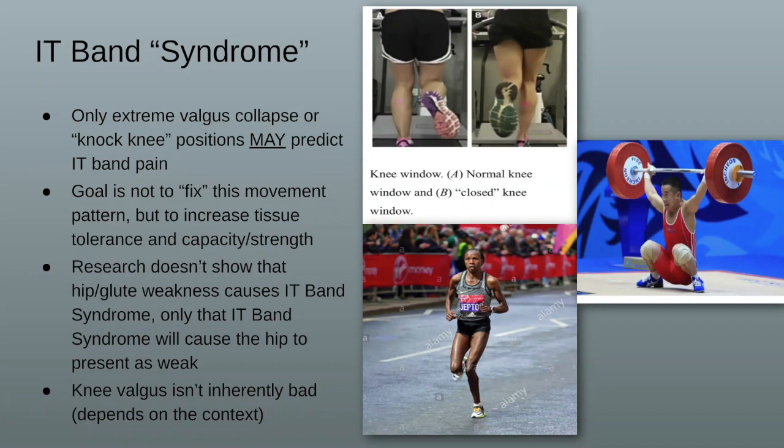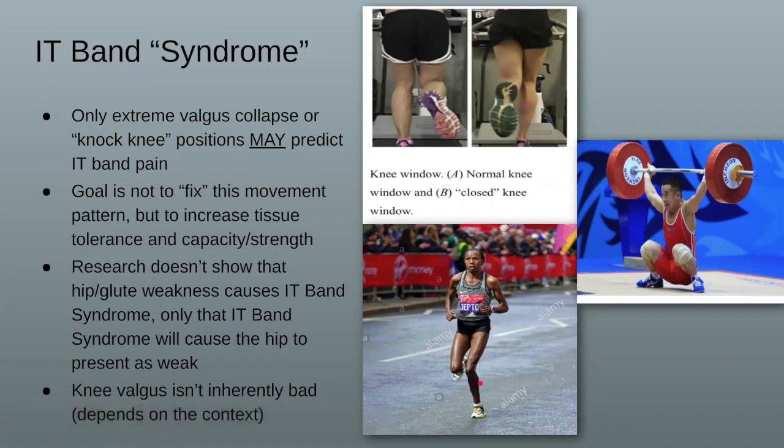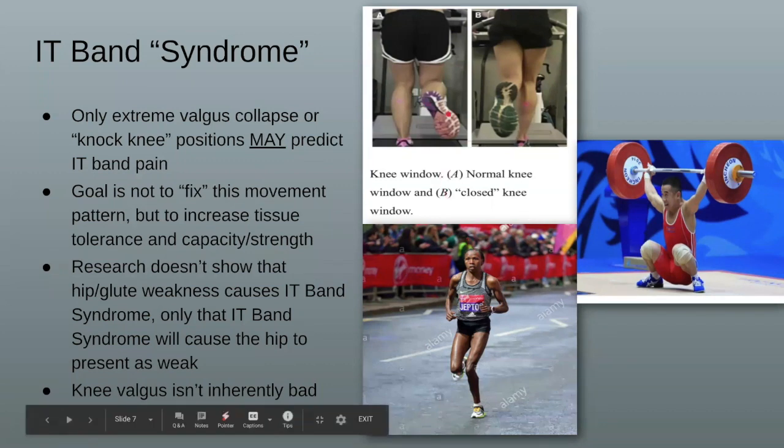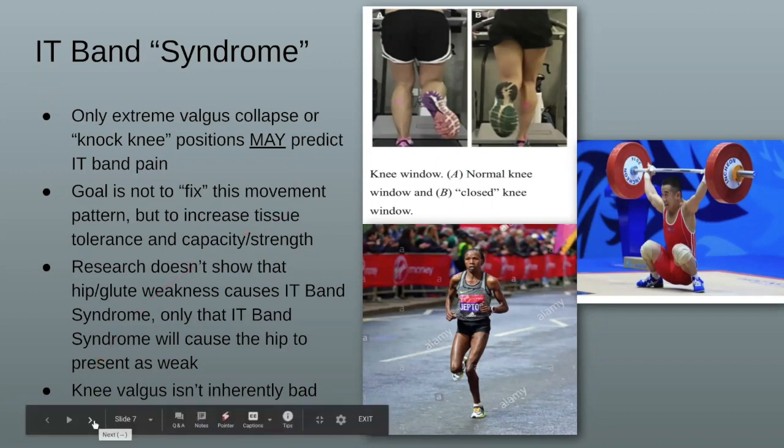She's a Kenyan marathoner, and she's just somebody who presents with a large amount of knee valgus, but she's so high level that's not something that we would want to change, and she's able to get away with that. So the point here being that extreme points of valgus can cause this, but that's not always the case. And valgus happens for different reasons other than just a weak glute.